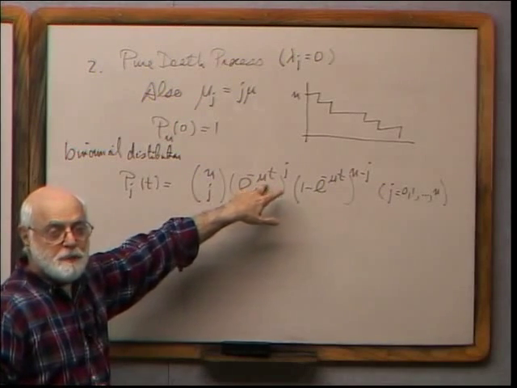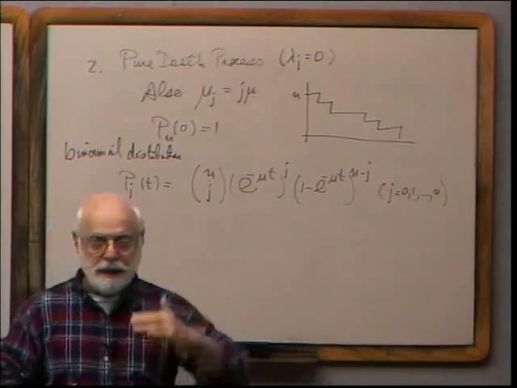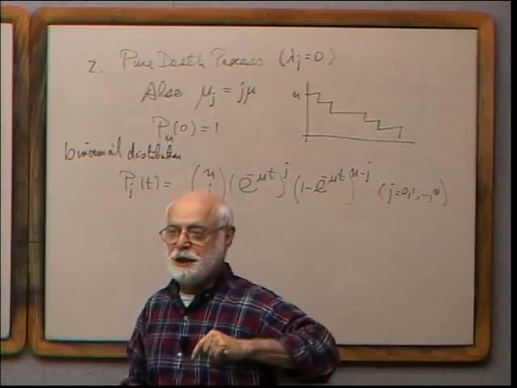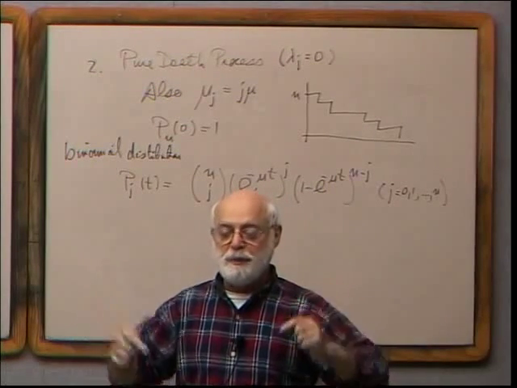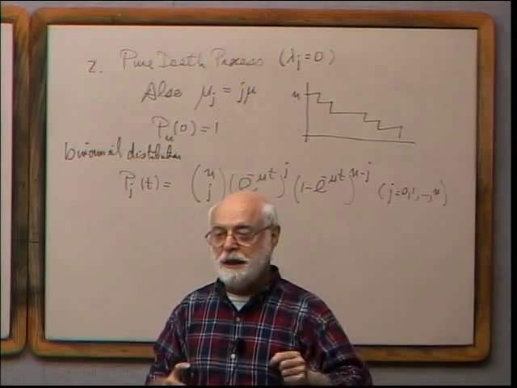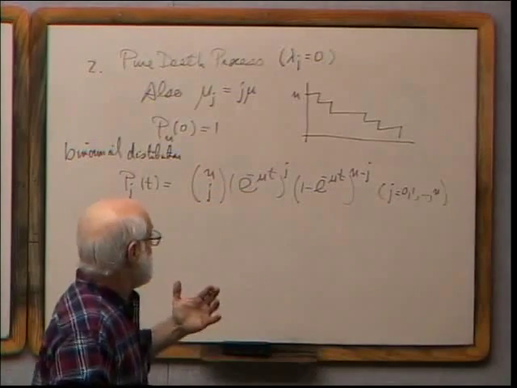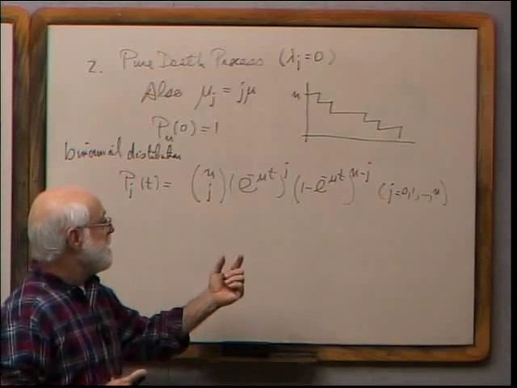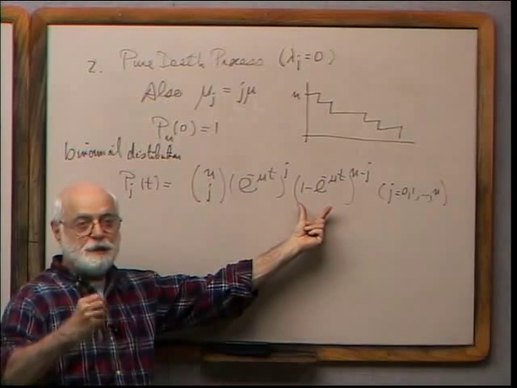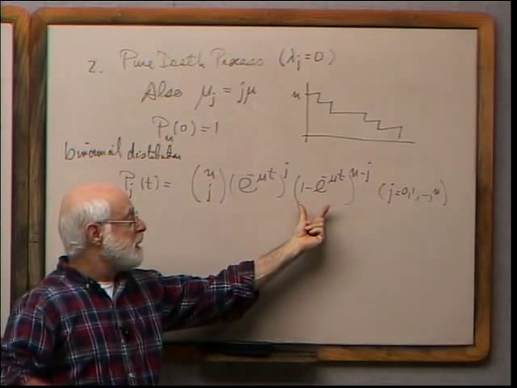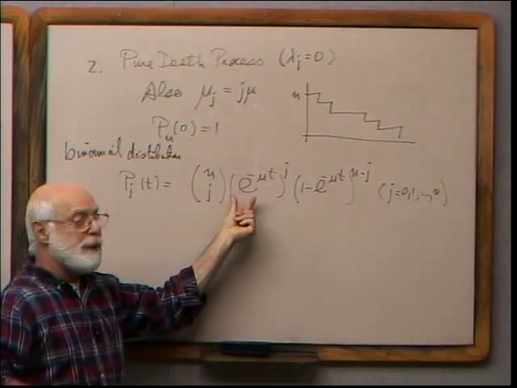If I stated the problem that way and said, okay, I've got n independent members of the population, and each one of them has an exponentially distributed lifetime, what's the probability that at time t, exactly j of them are still alive? And I'd say, well, if they have exponential lifetimes, then 1 minus e to the minus mu t is the probability that an individual member of the population lasts less or dies before time t. And e to the minus mu t is the probability that he lasts longer than t.